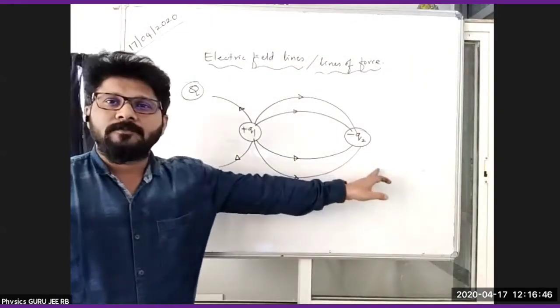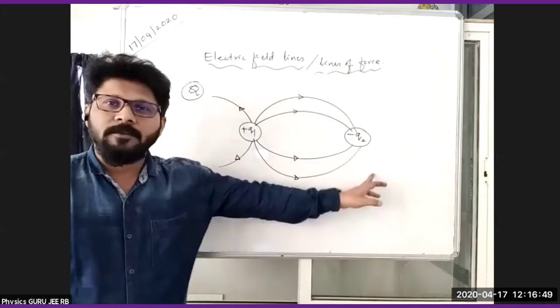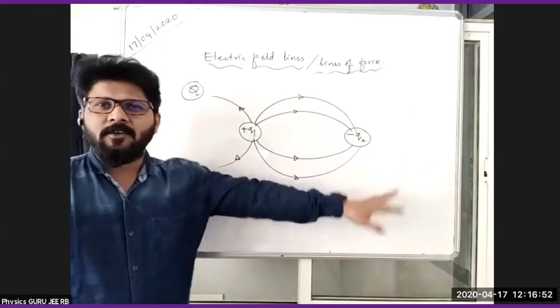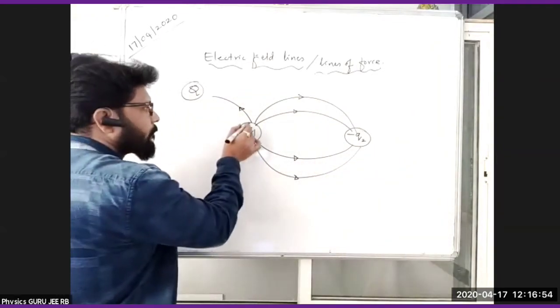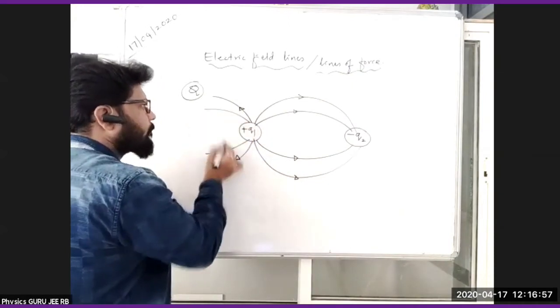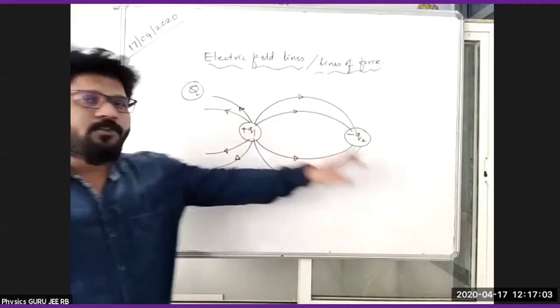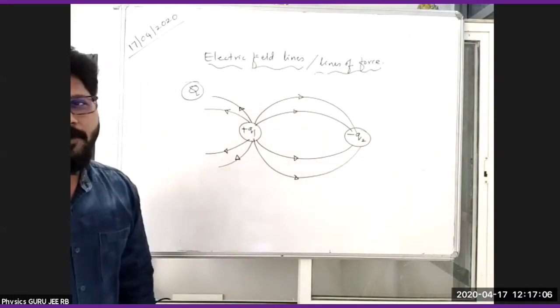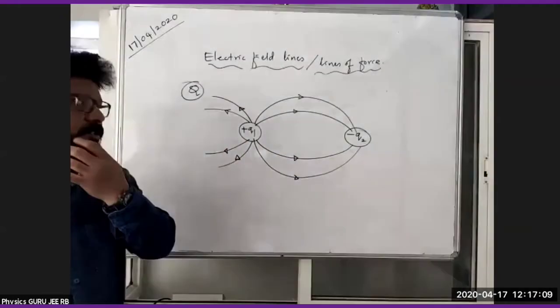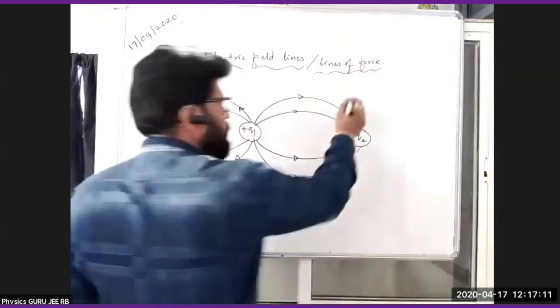With the Q2, how many electric lines are there? 4. That means 6 and 4. Okay. Now, with Q1 how many electric lines are there? 8. With the Q2, how many electric lines are there? 4. Right.